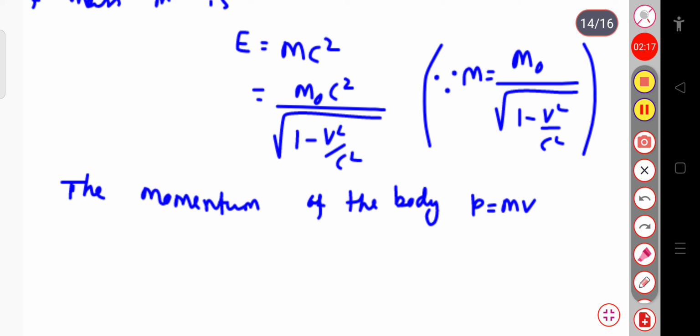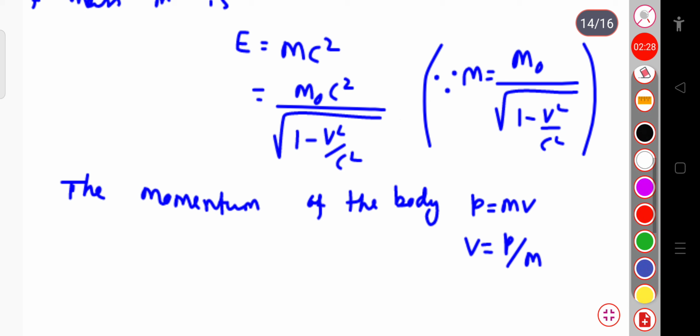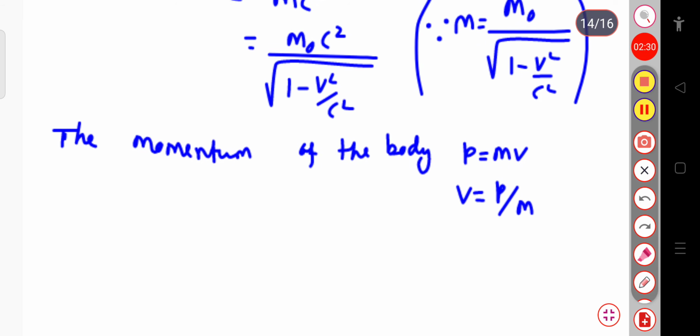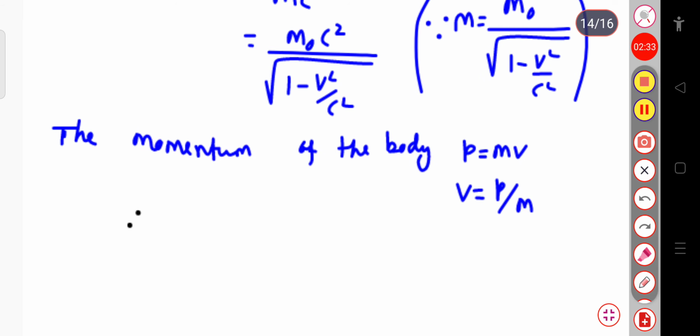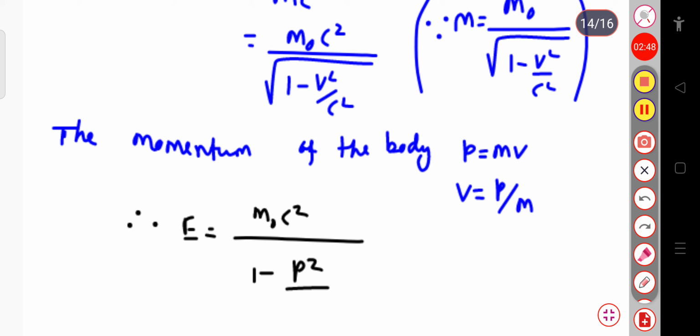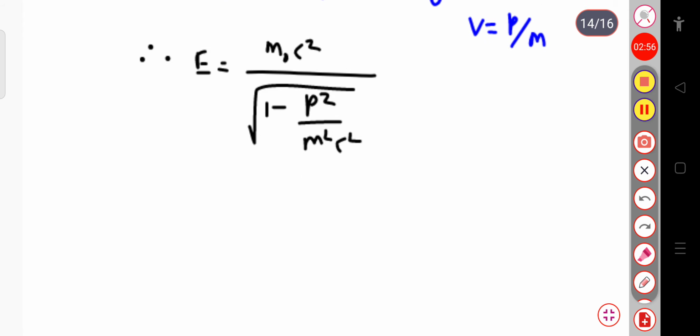So we can write V will be equal to P by M. In place of V we will substitute the value P by M. So now the total energy of the system, E, will be equal to m naught c square divided by root over 1 minus, in place of V, P by M. So this will be V square, that is P square divided by M square into C square, and the whole root.